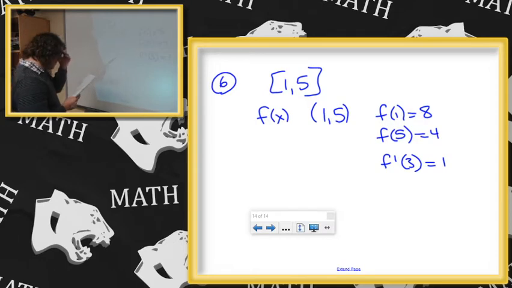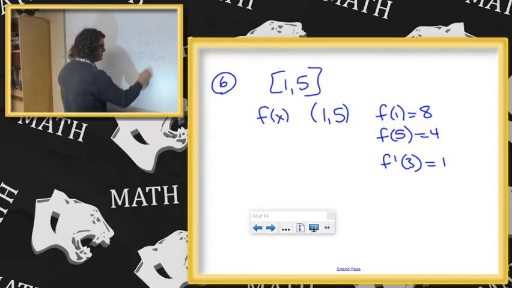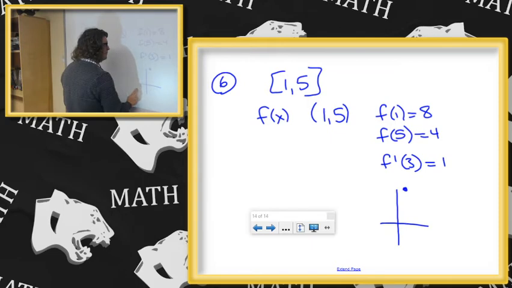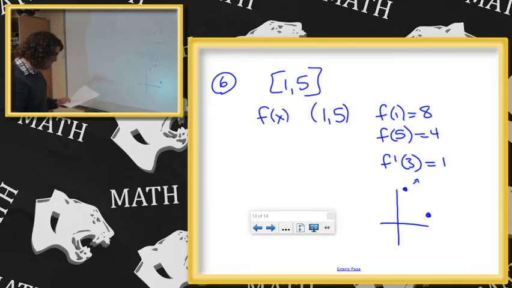All right, so first of all, I'm going to do a little picture of this stuff here, which at 1 we're at 8, at 5 we're at 4, and then we know that the slope at 3 is actually positive 1 there.